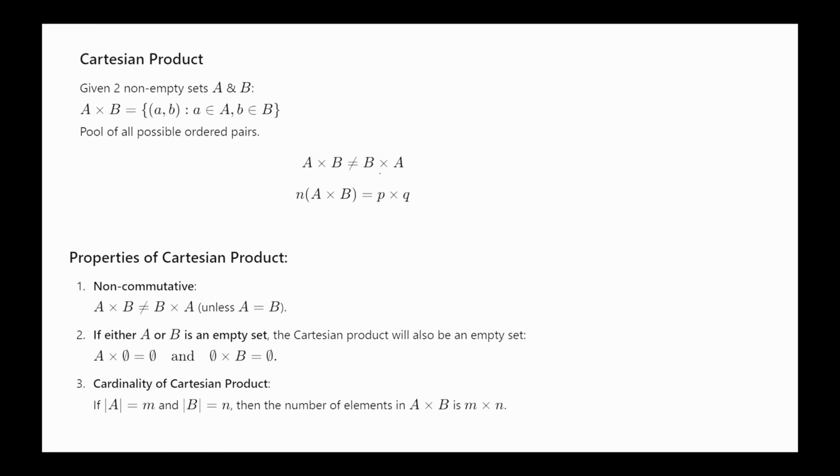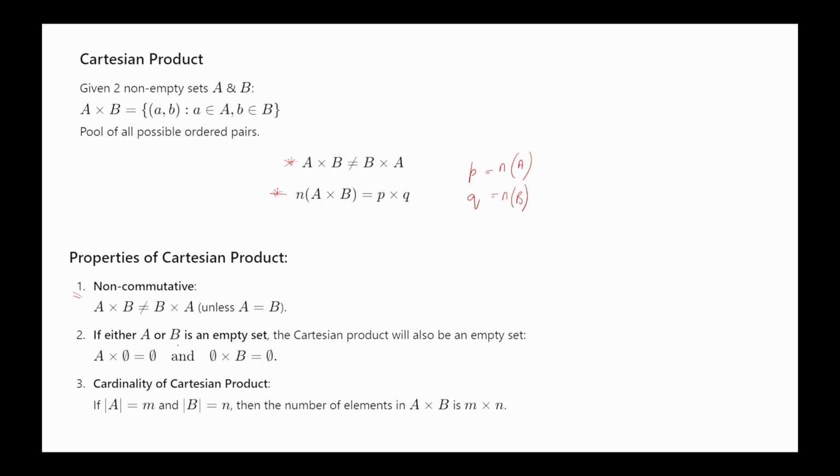A cross B is not equal to B cross A, an important point, and n(A cross B) equals p into q, where p is the number of elements in set A and q is the number of elements in set B. The product is non-commutative, as we have seen, unless A equals B. If A equals B, then our ordered pairs simply become similar, so we cannot say whether they are ordered or unordered. That is why our Cartesian product would also become similar.